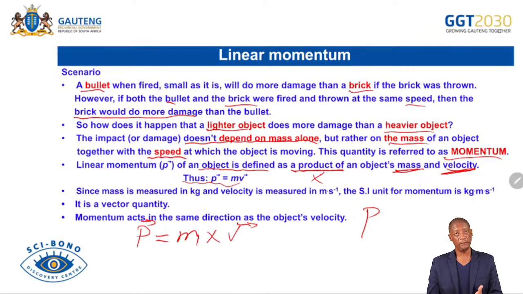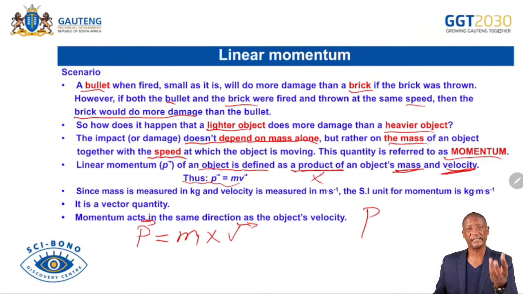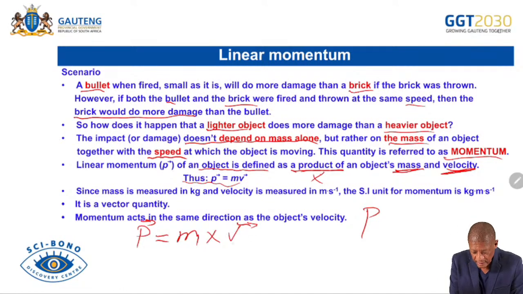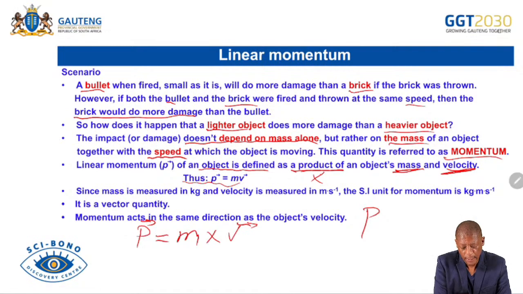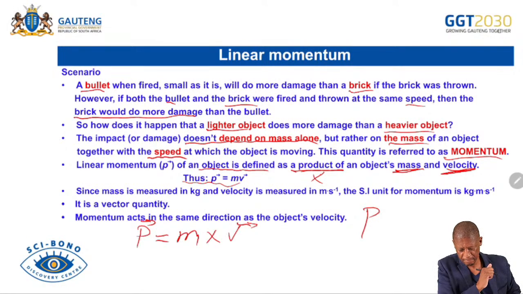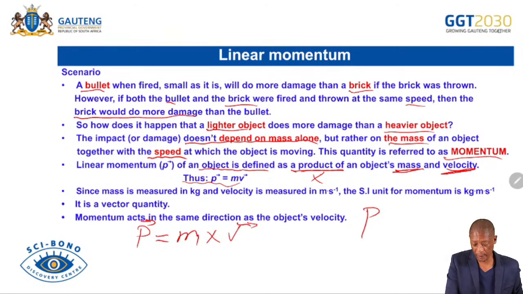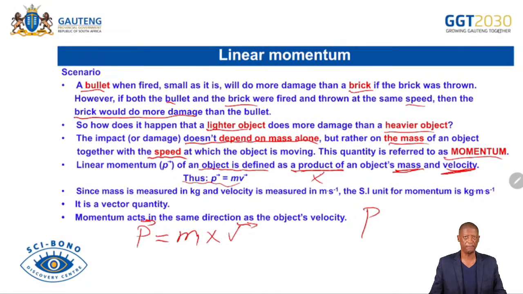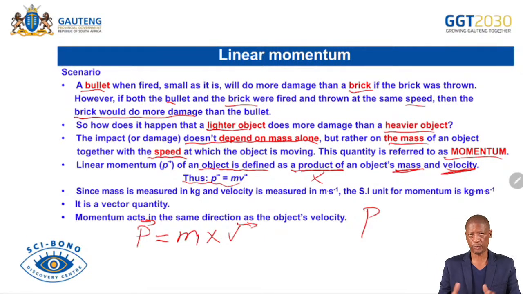Now, a vector means magnitude and direction. So, this is momentum. Now, this momentum, having a mass and a velocity, gives us an equation or a formula. This is the formula that we are going to use to calculate momentum, and you'll find this formula in your data sheet. I'll show you as we move along.